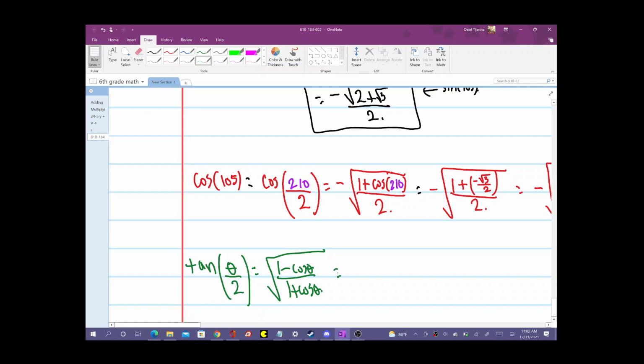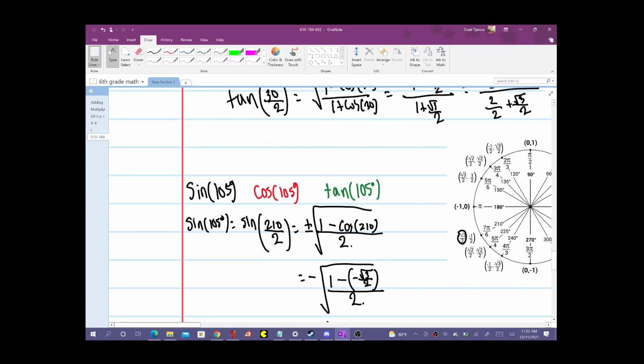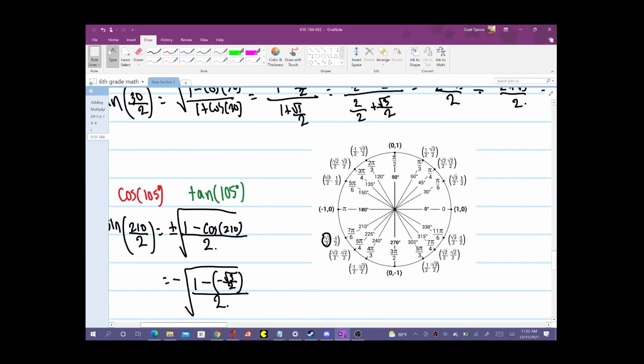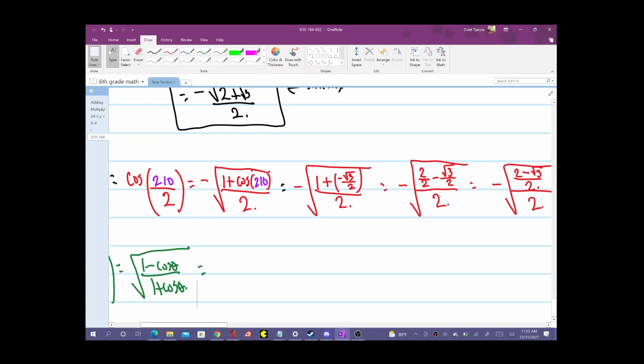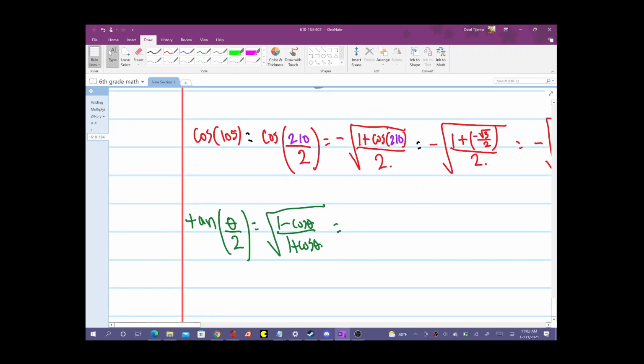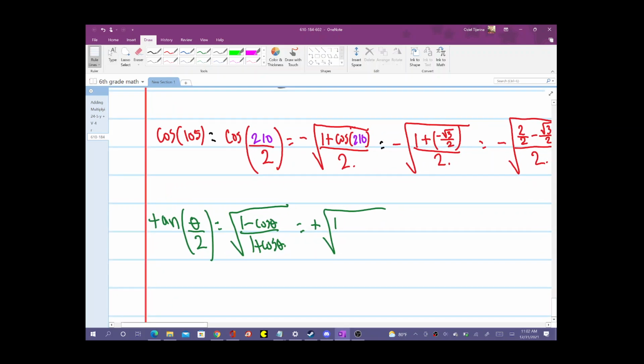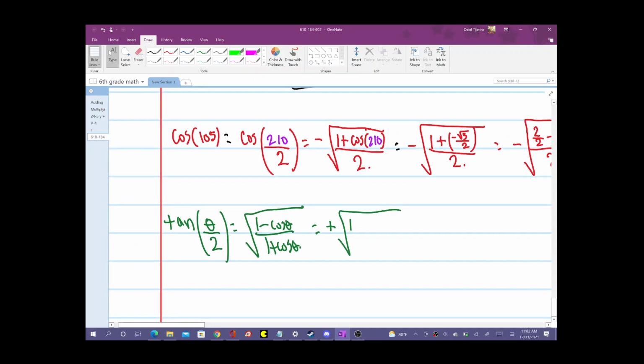So we know that tangent in quadrant 3 is actually going to be positive because negative y over negative x. So it's going to be positive the square root of 1, and we know what the cosine of 210 is.